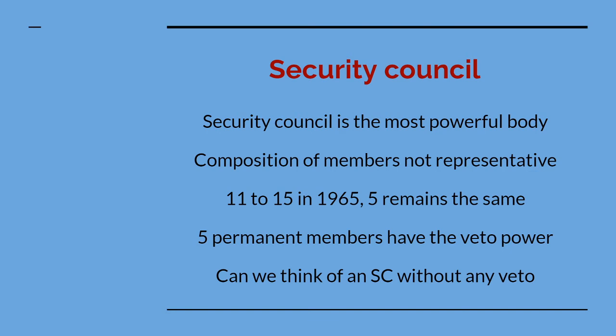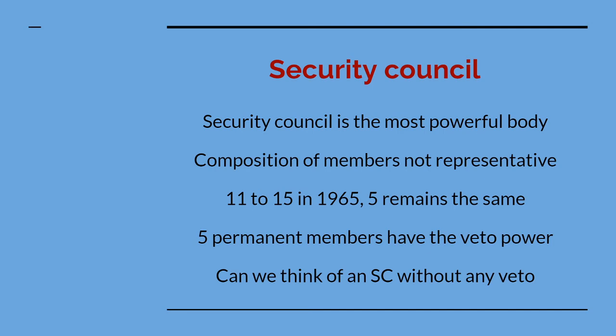Now the last point is, can we think of a Security Council without any veto? I think we can't. The Security Council is not a perfect body. It is not a representative body, not fulfilling the aspirations of the countries at large. But if the veto power is removed from these 5 powerful countries, then even otherwise they can exercise their power by remaining outside the Security Council, by remaining outside the UN.